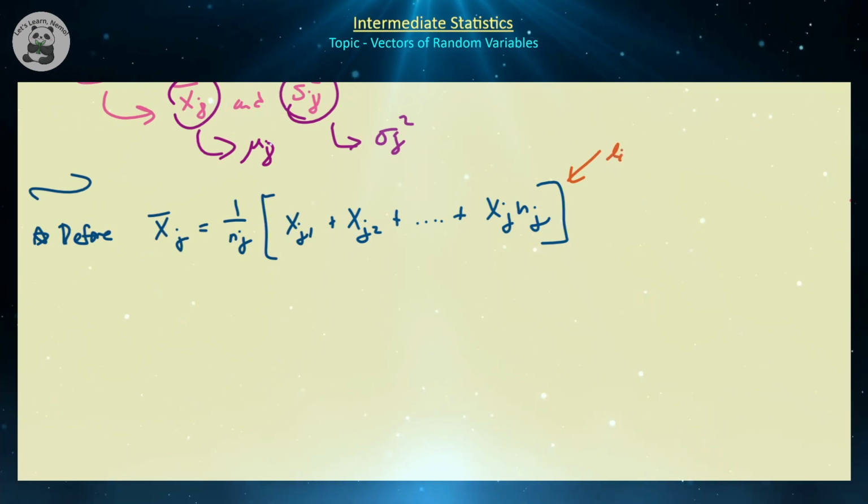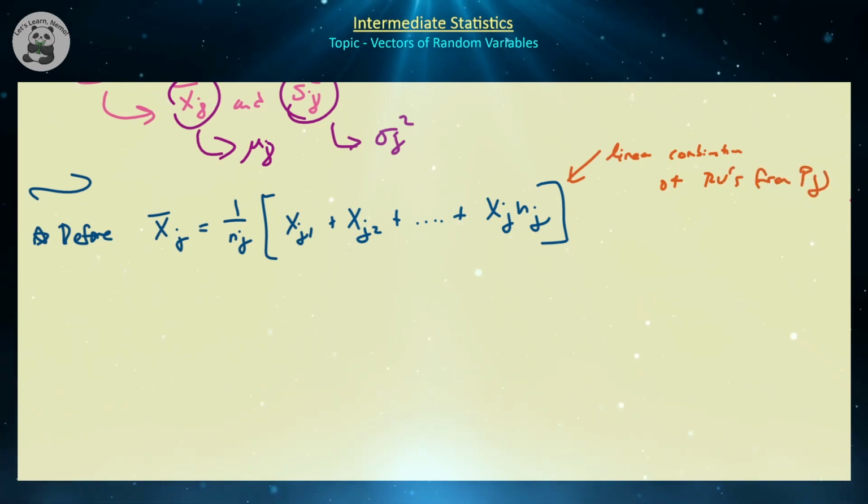So this is just a linear combination of random variables from population Pj, and therefore X bar j is a random variable, not a number. So is this random variable X bar j an unbiased estimator for the parameter mu j associated to population j?